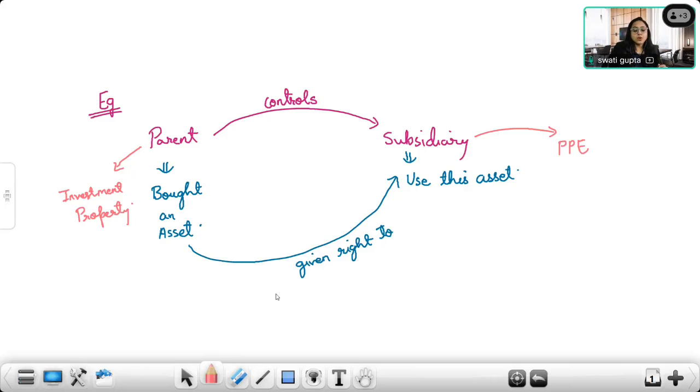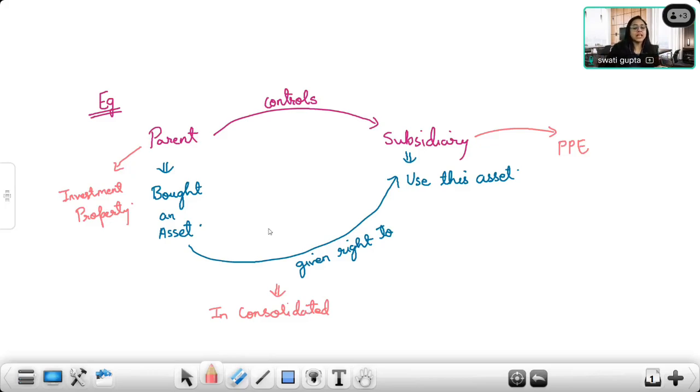Now, when you consolidate, in the consolidated statement, actually this is a little advanced version of the concept. We will be reading in detail when we read lease, when we read our consolidation concepts.